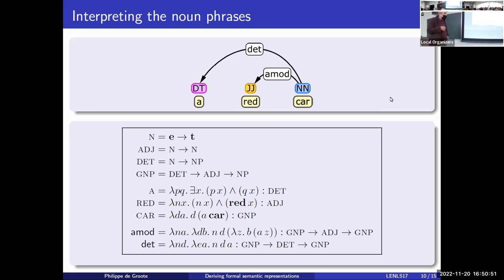I will not explain this in detail, but because we want to obtain the set type at the end, even though we are giving a determiner to the noun, we are still waiting for a determiner.